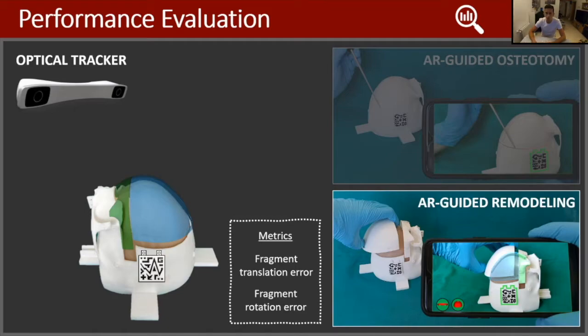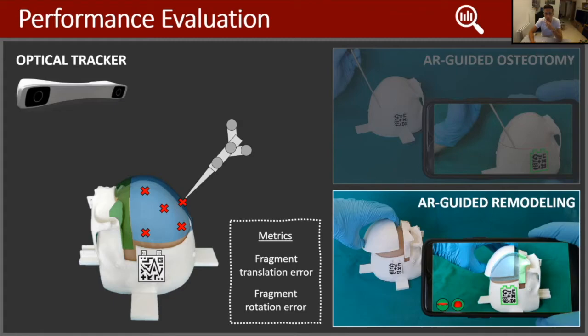For the remodeling, we followed a similar approach. We asked the user to place the different bone fragments in the position defined by the augmented reality visualization, which is the one defined during the virtual plan. And in order to compute the error of this positioning, we use the optical tracking system to measure the position of those fragments by computing the position of different landmarks along the fragments.